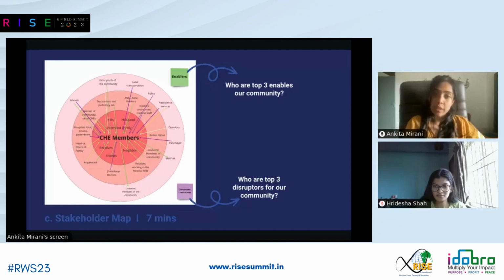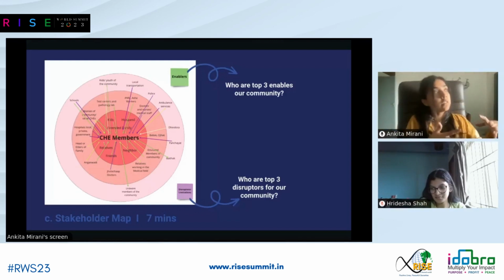And when we looked at hindrances, the panchayat was a hindrance, or even in terms of healthcare services, because it was so far for them, whether it was ambulance services, or superstitious beliefs like chola chap doctors, or just the elders in their society who are giving unsolicited advice in terms of healthcare services being provided. So these were actually disruptors in terms of the larger picture, which is better health for the society.